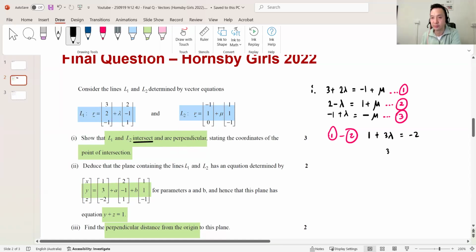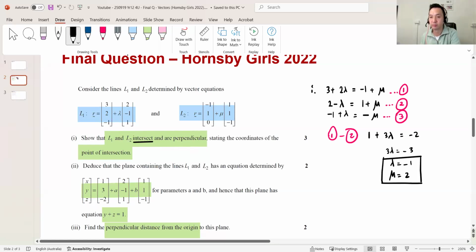So 3 lambda equals 3, lambda equals 1. And then mu would equal 1. Let me just quickly check that. Yep, okay.